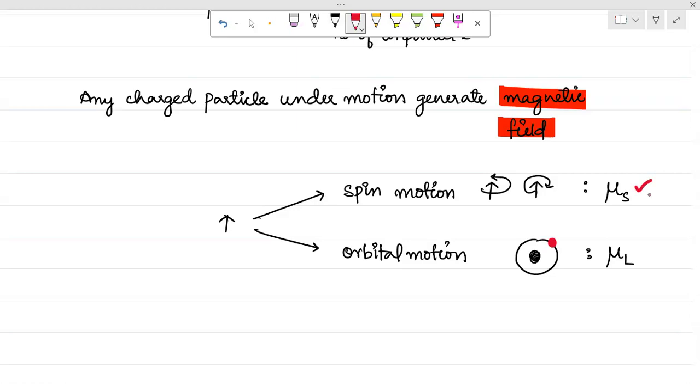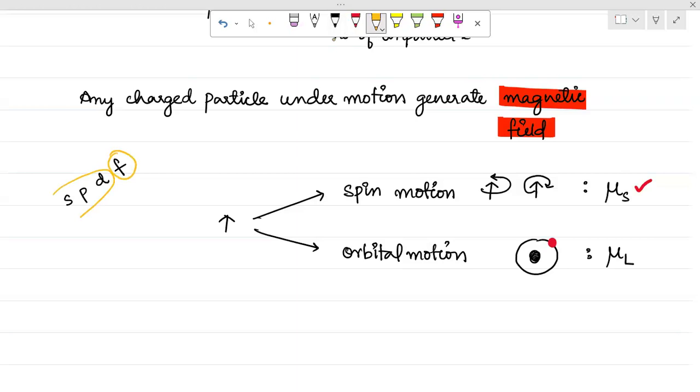The reason is, you have several types of orbitals: s orbital, p orbital, d orbital, and f orbital. The s, p, d are comparatively towards the inner side of an atom, and f is towards the outer side of the atom.